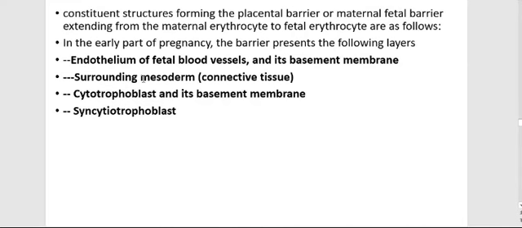We find the somatopleuric extra-embryonic mesoderm, then the cytotrophoblast and its basement membrane, and then the syncytial trophoblast. And then we have the intervillous space with the maternal blood. The nutrients and gas from the maternal blood have to diffuse through these layers to reach the fetal blood. That's what we mean by placental barrier or maternal-fetal barrier.